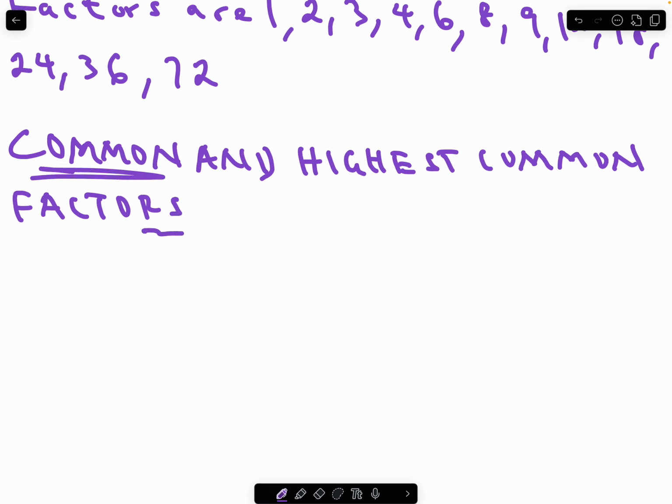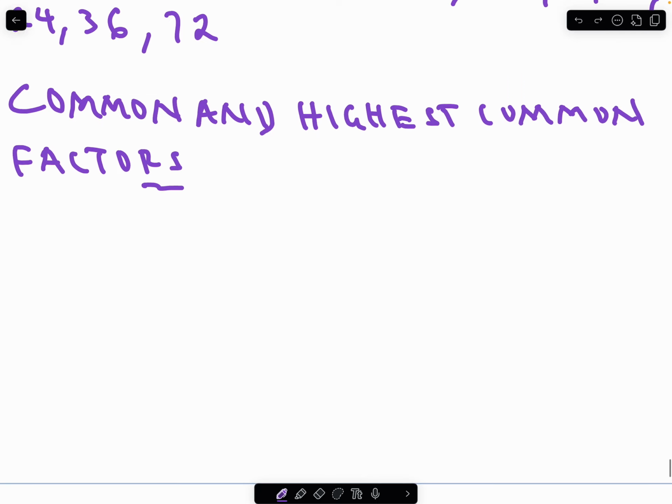There's just one highest common factor, but there will be more than one common factor. So let's take an example. They call the highest common factor HCF.